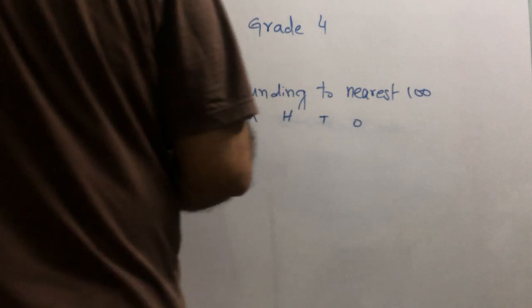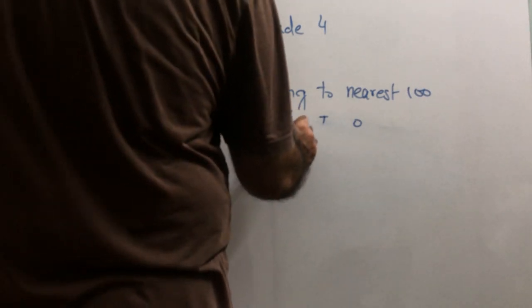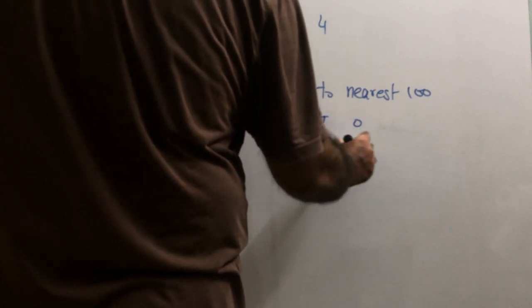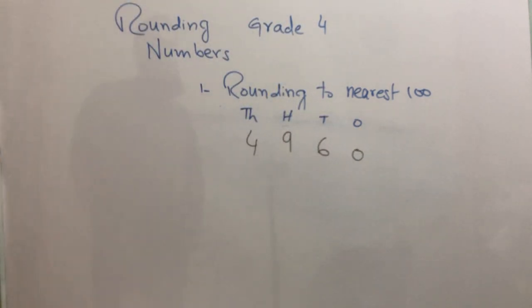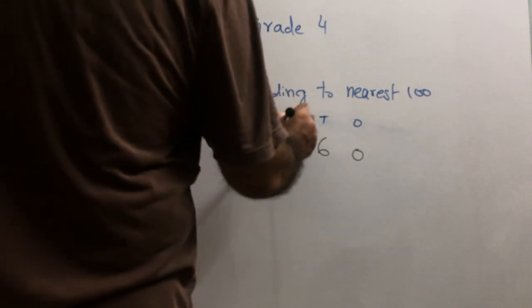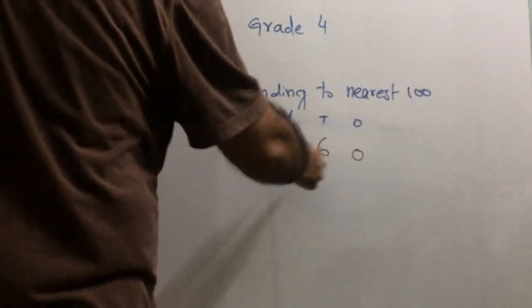If this is the 1000 place, let's suppose we have a number which is 4960. We need to round it to the nearest 100. Place some symbol here so that we keep in mind that we are talking about rounding to the nearest 100. The very first action is that all the digits on the right side of the 100 place become 0.